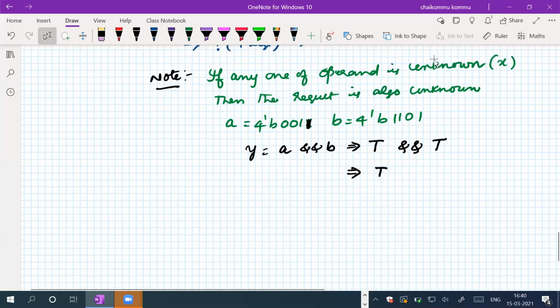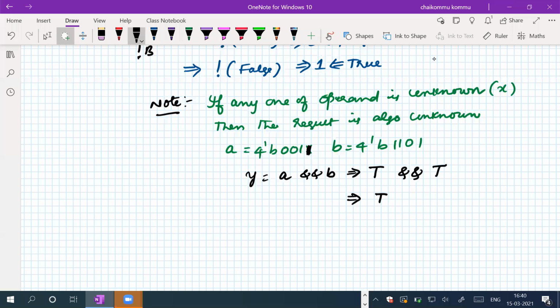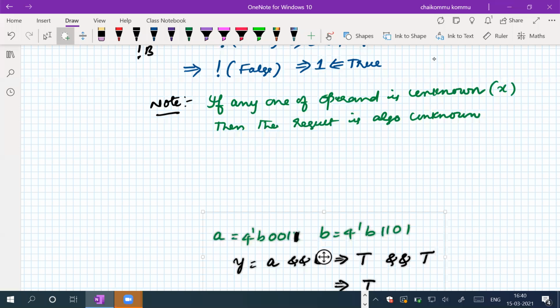I'll put it here. In this case, for example, note number 1: A is equal to some X here, and B is equal to logic 0 here. If I want to write A AND B, for example, what is the result that we will get?